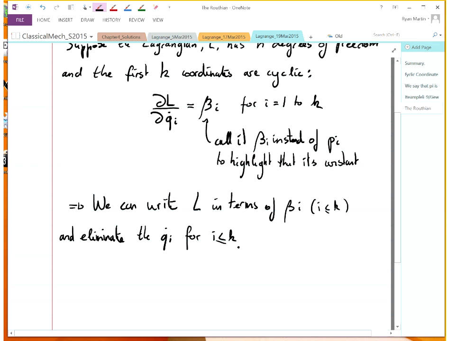So you have the Lagrangian. You take ∂L/∂q̇_i, which is going to depend on q̇_i, and set that equal to beta_i. So then you can express q̇_i in terms of beta_i. So you can express q̇_i in terms of constants. And then you can substitute that back into the Lagrangian, and now the Lagrangian doesn't have any q̇_i where i is smaller than or equal to k. Okay?